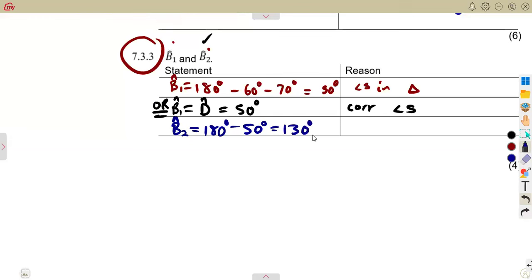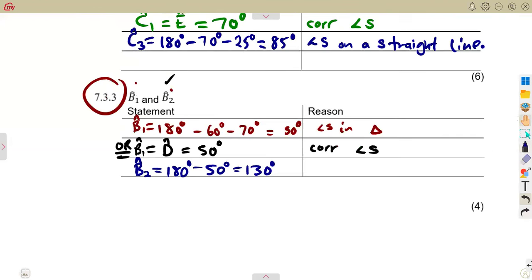So this one, we have to consider angles on a straight line. So that is how you can answer these questions.